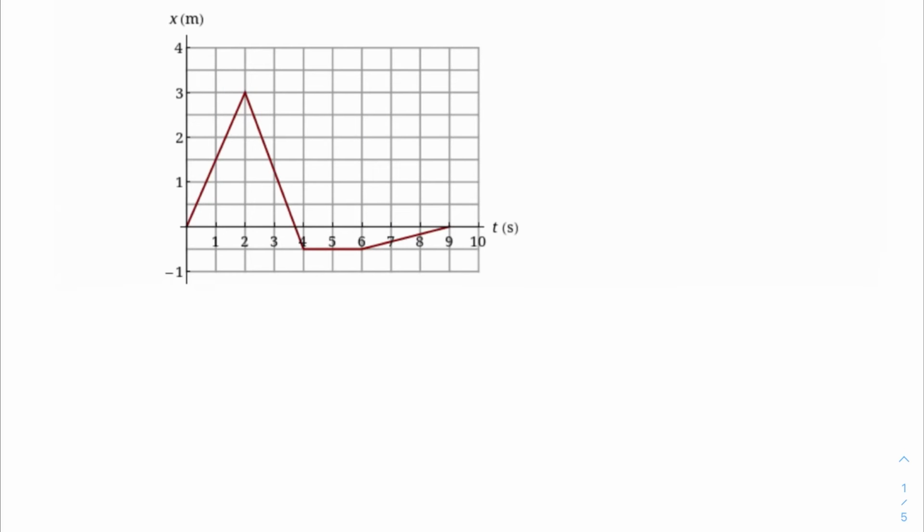So for the velocity portion of this WebAssign problem, we're going to be using the same format. We're going to be solving the velocity in 4 different parts: between 0 to 2 seconds, 2 to 4, 4 to 6, and 6 to 9. The velocity could also be seen as a rise over run, as you can remember algebraically.